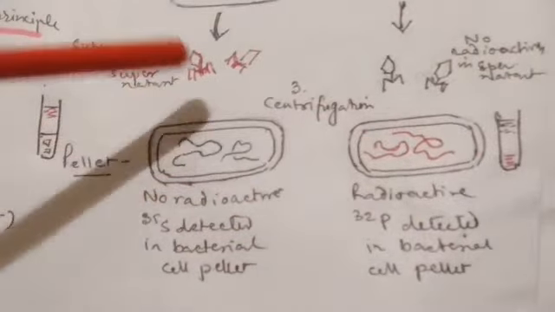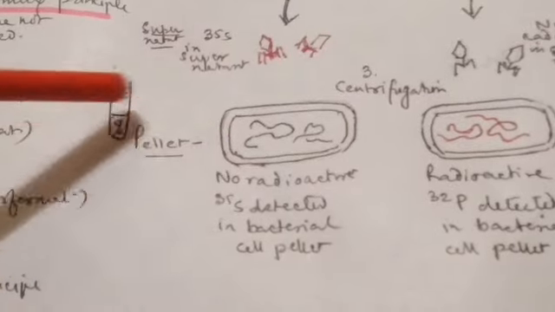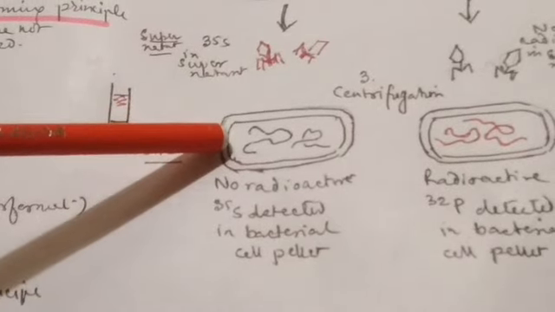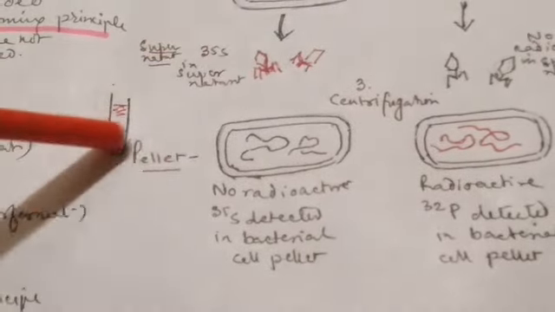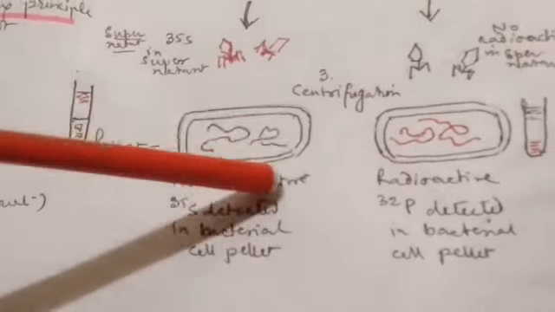The radioactive sulfur we find in the supernatant, so it hasn't entered the bacteria. That means the protein part is not the genetic material. So finally they confirmed that the genetic material is DNA.